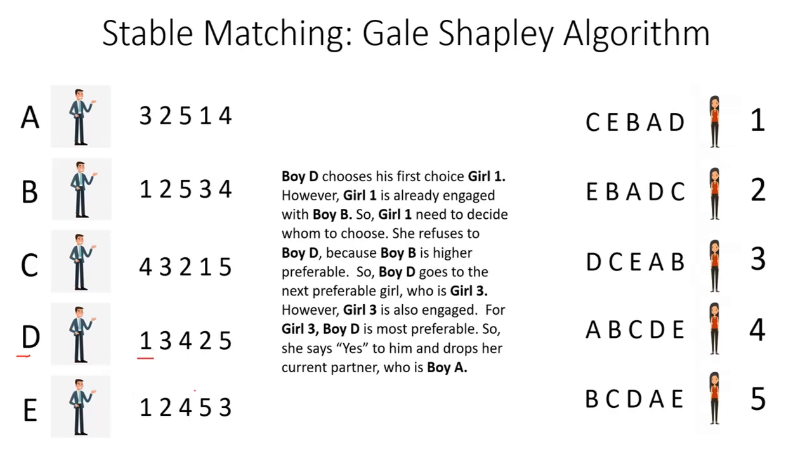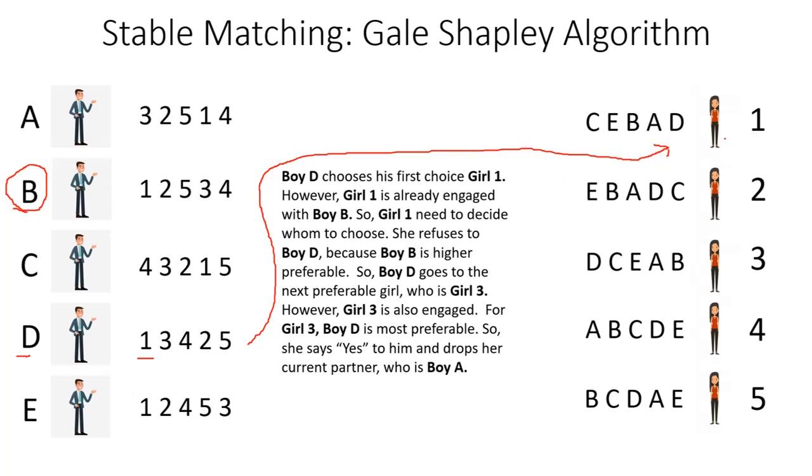And this is where we have an interesting situation. So he goes to girl number 1. If you remember, girl 1 is already engaged with boy B. So what does girl 1 do?